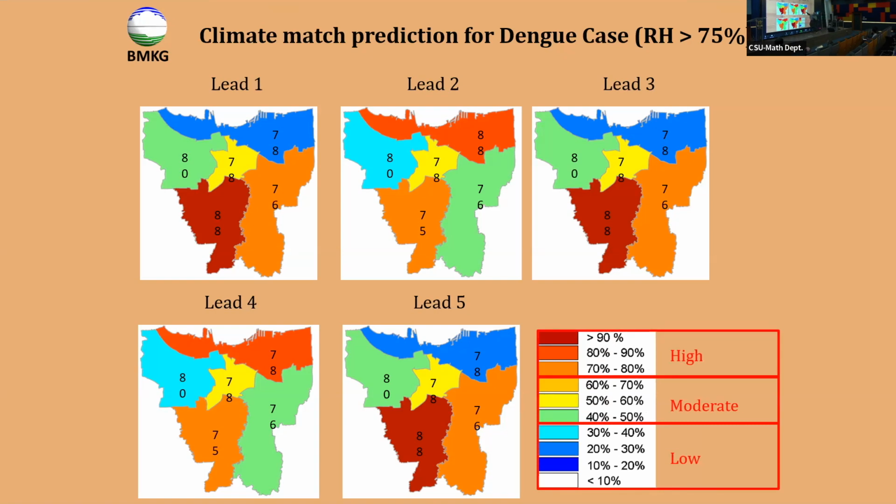You can see in every region, if we propose some early warning system, it is better we say danger than safe rather than otherwise, where we say safe but it is danger. For lead one, the safe ones are only in this area, but it is consistently safe until lead 5, and this red area will be orange, red, orange, red, and also consistently danger.